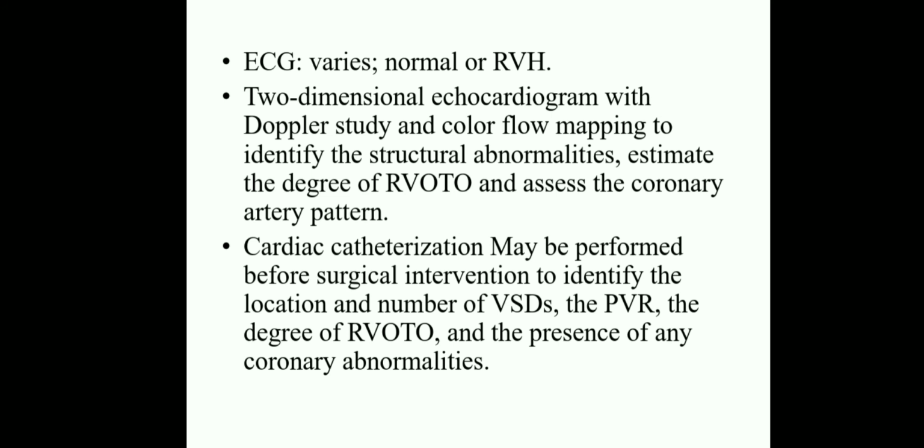Everything should be evaluated. Cardiac catheterization may be performed before surgical intervention to identify the location and number of VSDs, PVR, the degree of right ventricular outflow tract obstruction, and any coronary artery abnormality. All of you clear? These are the diagnostic evaluations.